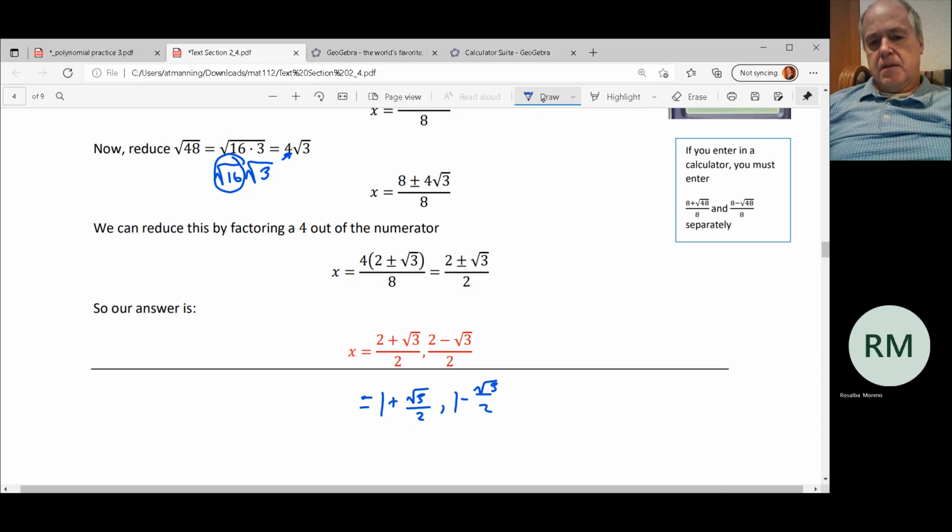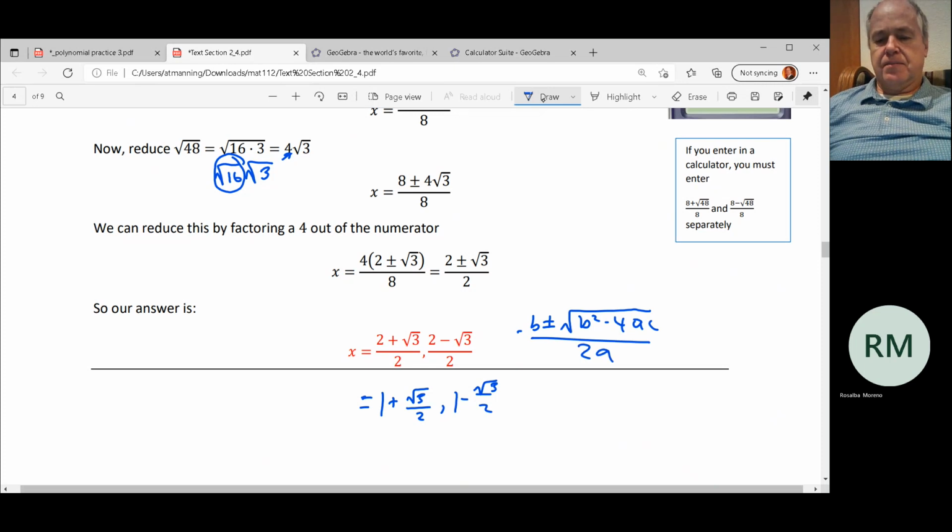This might be a little more preferred because it shows you negative b plus or minus the square root of b squared minus 4ac, all over 2a.